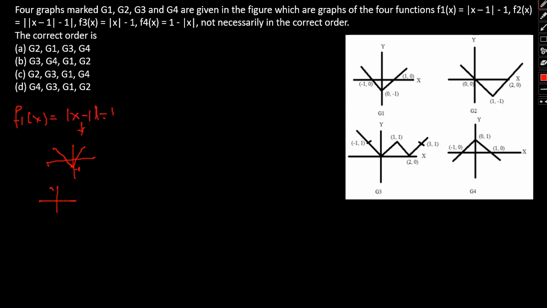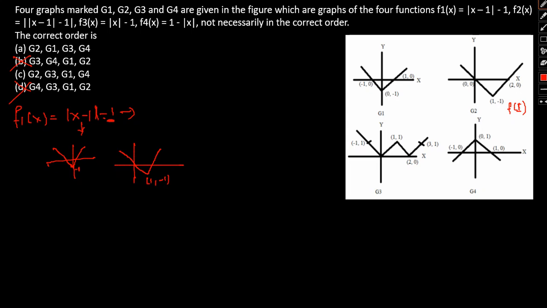So just by pre-existing knowledge, the graph goes through the origin, comes over here, and this point will be 1 comma minus 1. This helps you shift one place to the right. So a graph similar to this would be option G2. So this will be my f1. So this option gets eliminated, this option gets eliminated.